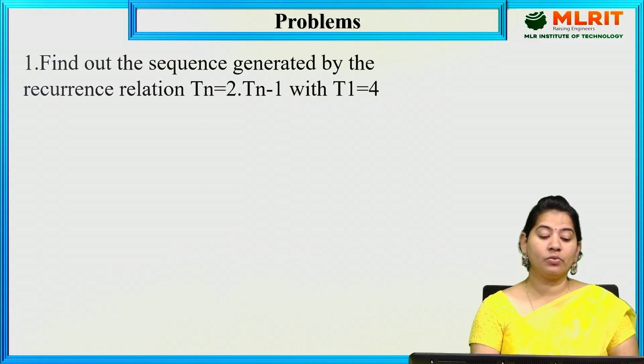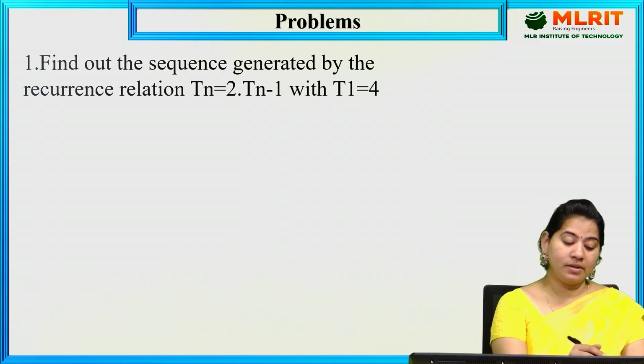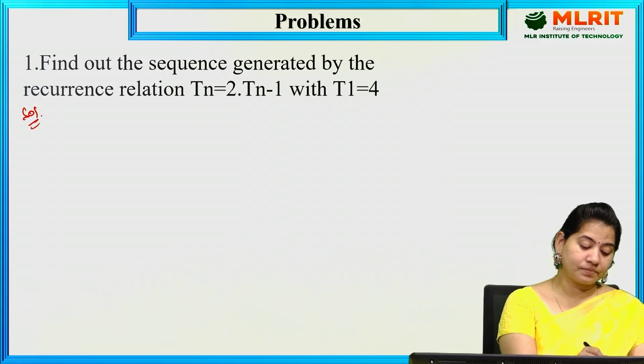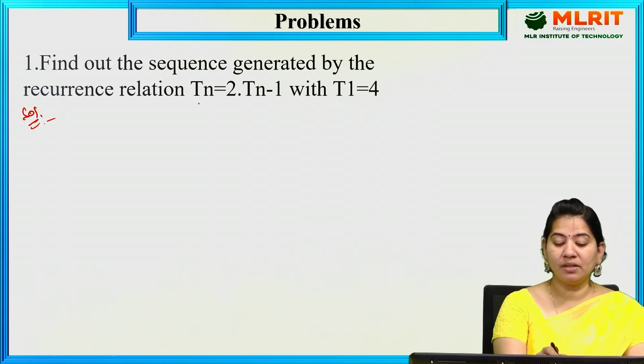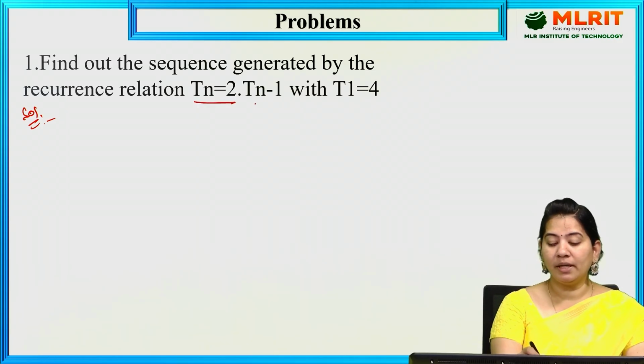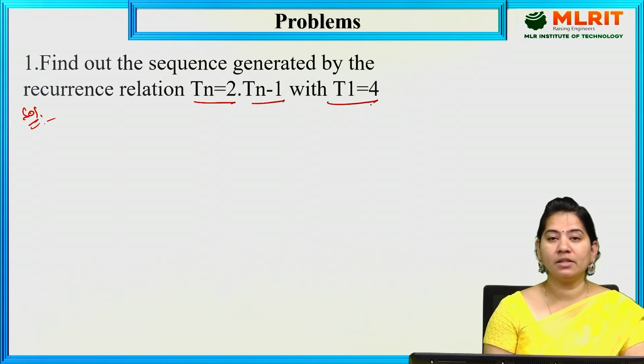The first question is: find the sequence generated by the recurrence relation Tn is equal to 2 into T(n-1) with T1 equal to 4.